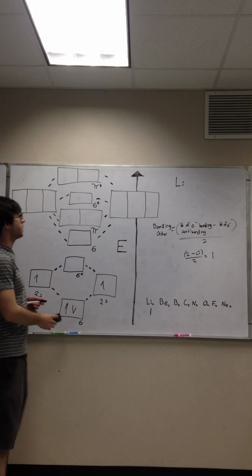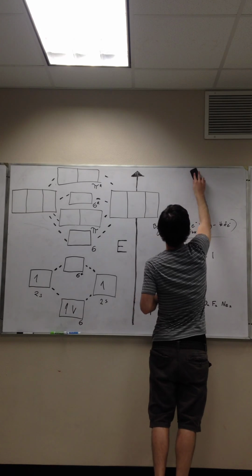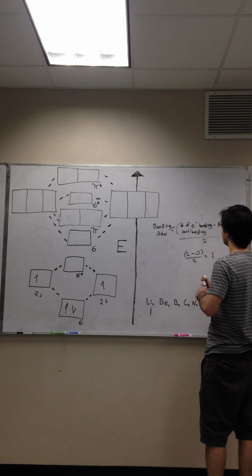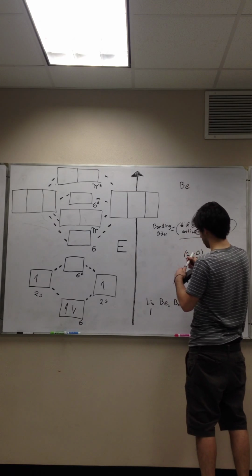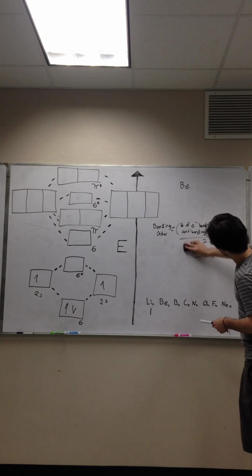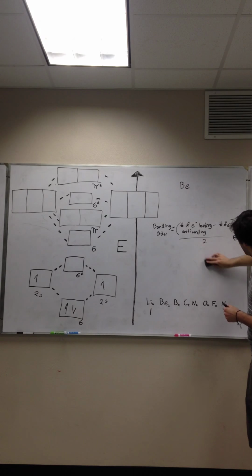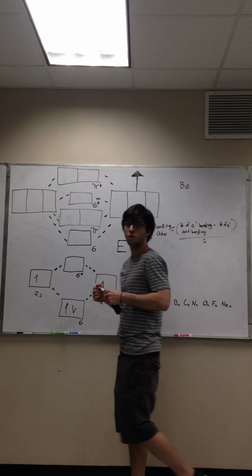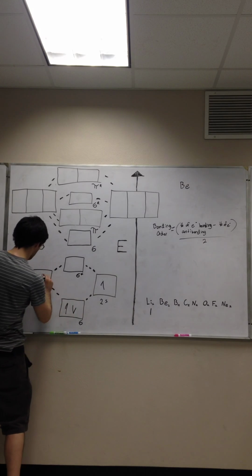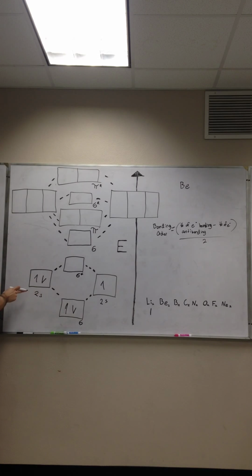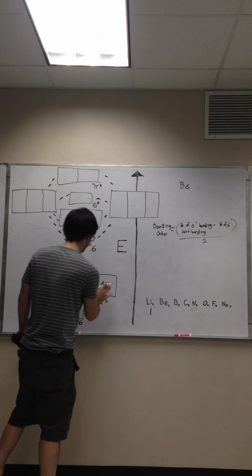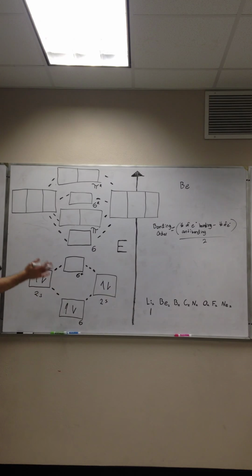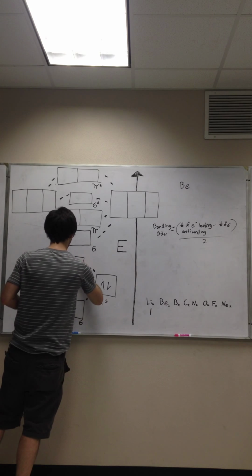So now let's take a look at the next element on the second period, which would be beryllium. Beryllium has one more valence electron to occupy the atomic orbital than lithium would. So we add one more valence electron, and those electrons would overlap and occupy the anti-bonding orbital.